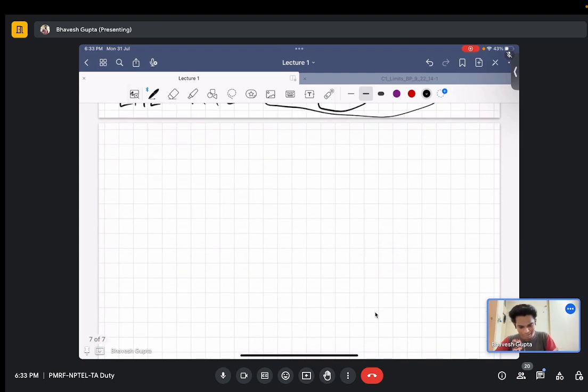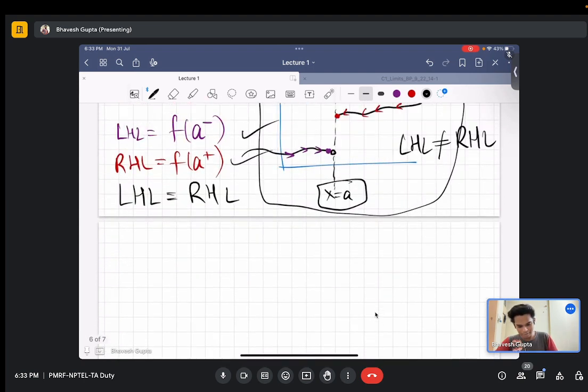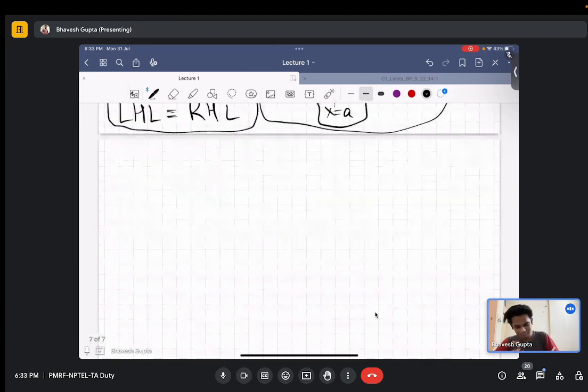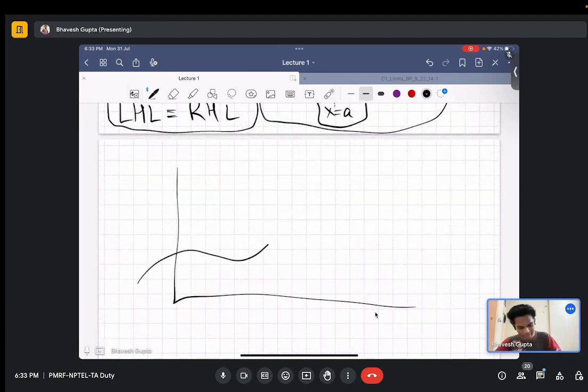So when can I say what happened? When we have a situation where the left hand limit and right hand limit are the same. For example, I have this graph, there is a puncture in this line, and that line continues to go, and this is my f of x.